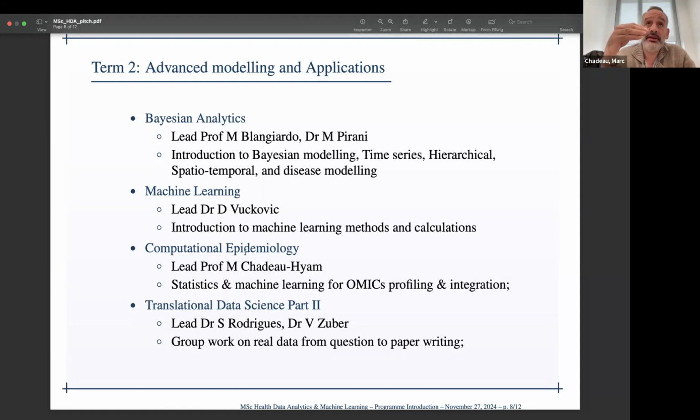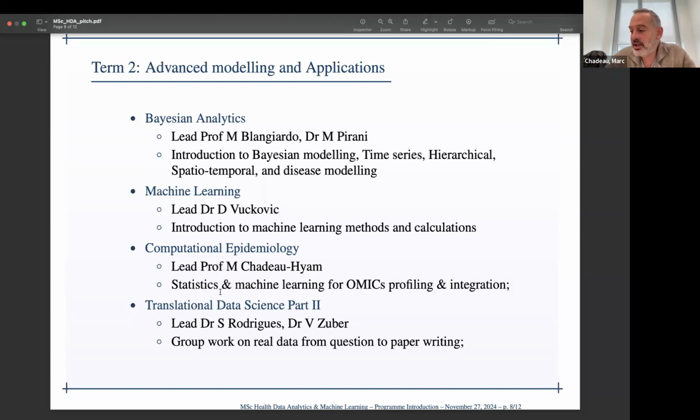So you'll be allocated a research project from data scraping to paper writing. You will have a real research question, which is something that has not been published on, and you will conduct the research according to the principles that you've learned in term one for transparent, reproducible research, and apply the methods you will have learned in those 3 modules to your data.